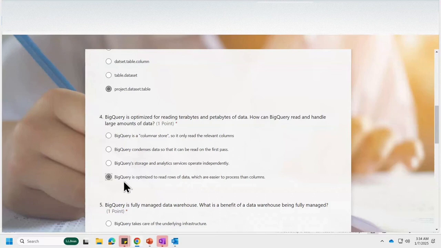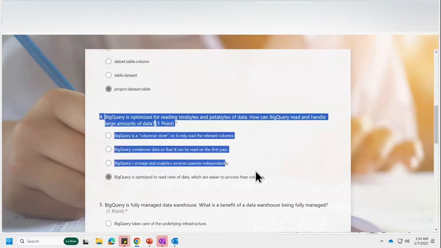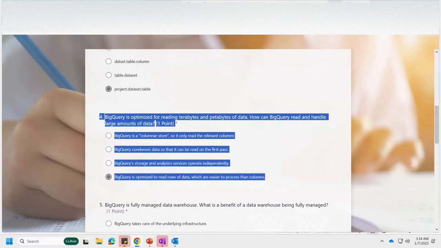I think it's this one. Let me check. Do you know? No, I just saw one of these that said it is fast because it does things in parallel, and maybe the third one.